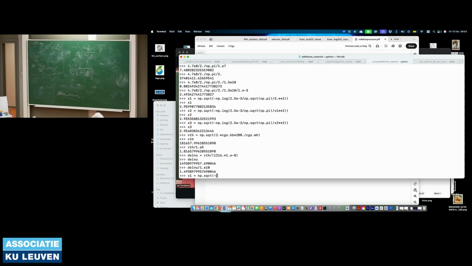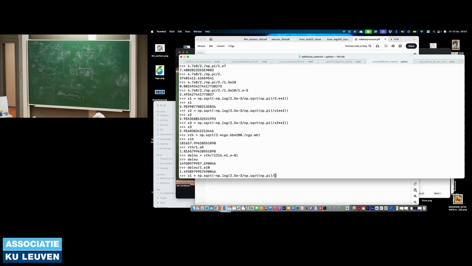negative the natural logarithm of the a value, which was 2.5 times 10 to the minus 3, right? And then we have divided by a square root of pi, and the square root of pi. And we had the x squared there, right?